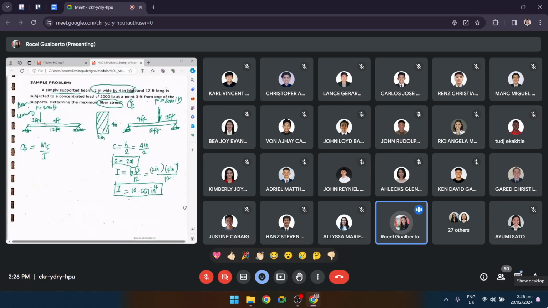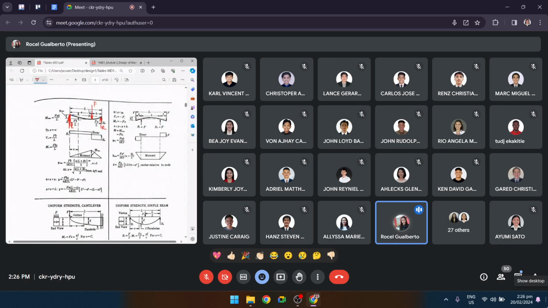Even though this distance is smaller than the other one, as stated here on table 82, this can still be used. So you look now for the equation of the maximum moment.